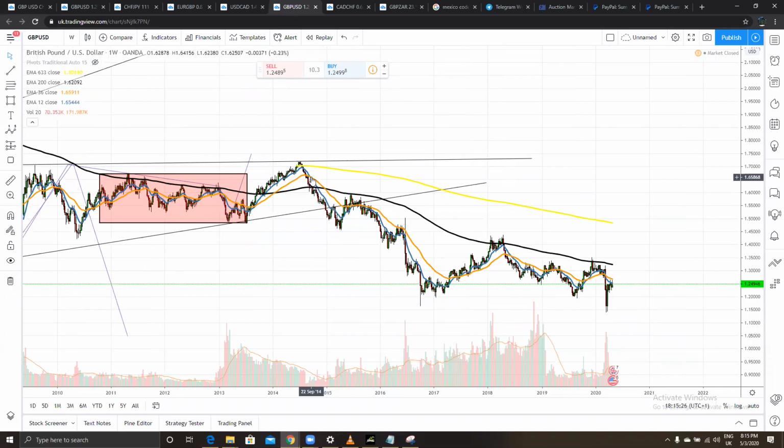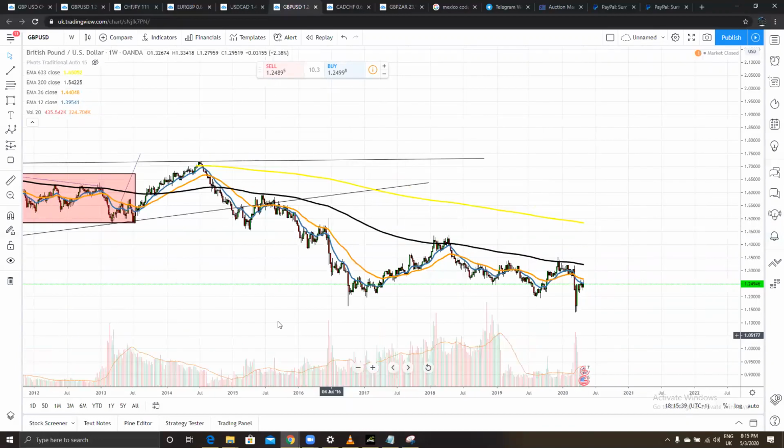In some cases the 12 EMA can act as a temporary trend line, and I'll demonstrate that for you.